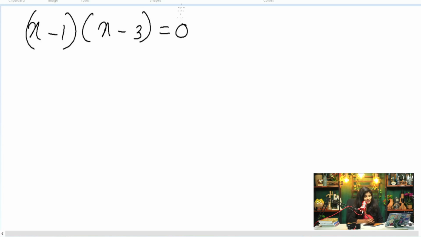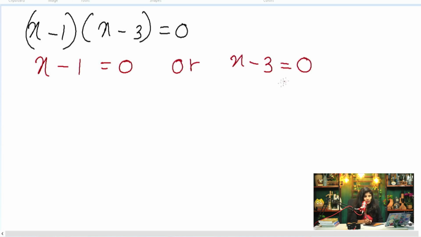We have two factors here, so we write x minus 1, the first factor, equals 0 or x minus 3 equals 0. That means I am writing the two factors in two places, equating each one to 0.